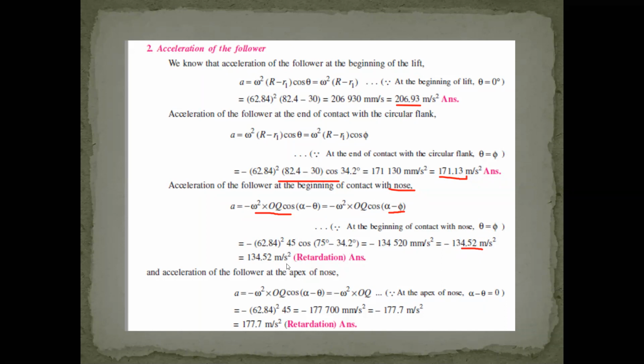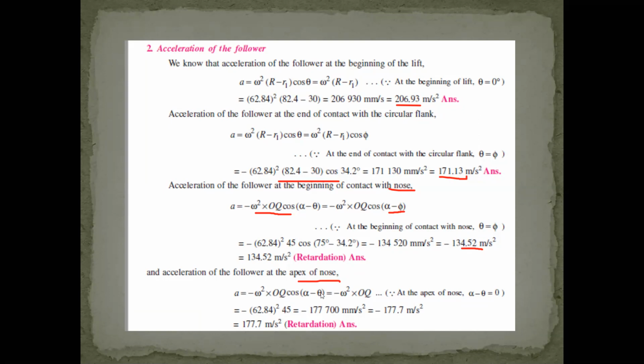Similarly, to calculate at the apex of the nose, A equals minus omega square OQ cos of alpha minus theta. But alpha minus theta is taken to be 0, so that means omega square OQ.